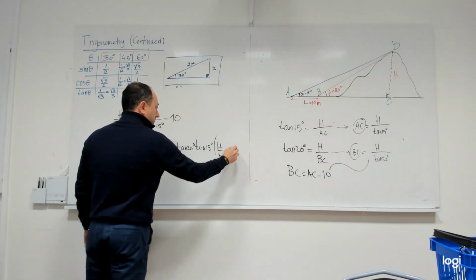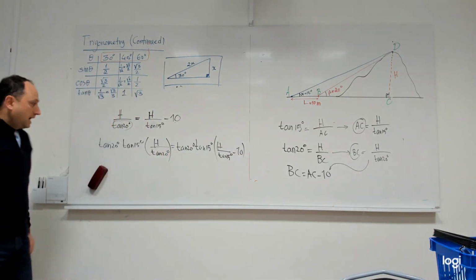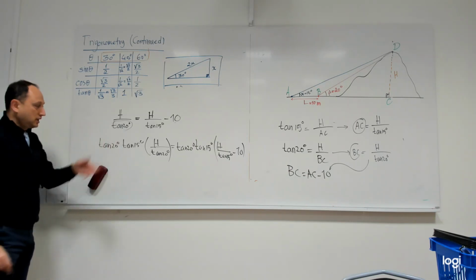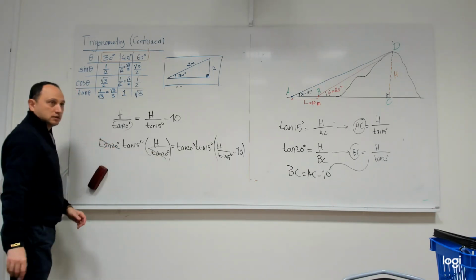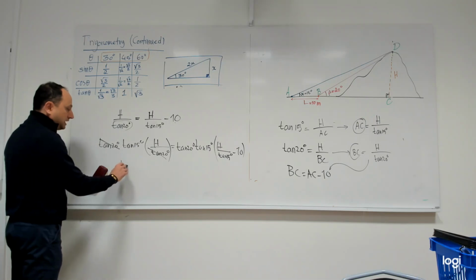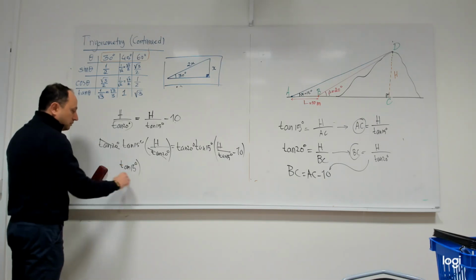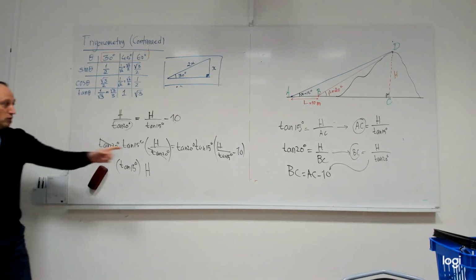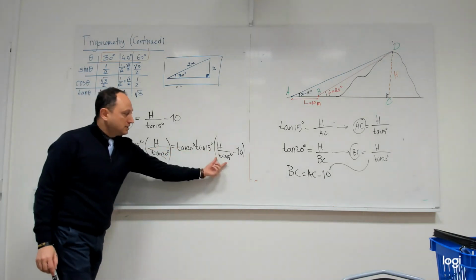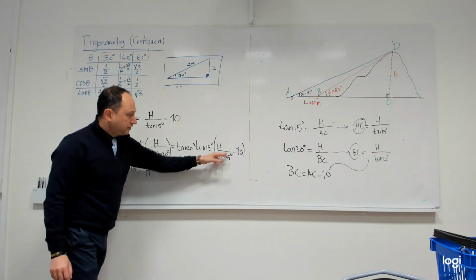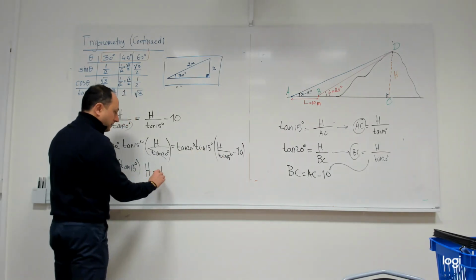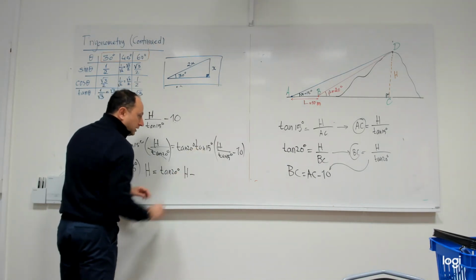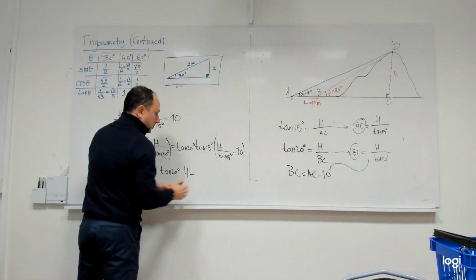Yes? Agree? And now what happens? This tangent of 20, whatever it is, is gone. And then this becomes tangent of 15 multiplied by h. And what happens here? If I multiply this inside, tangent of 15 and 15 are gone, this is left, times h minus this expression multiplied by 10.